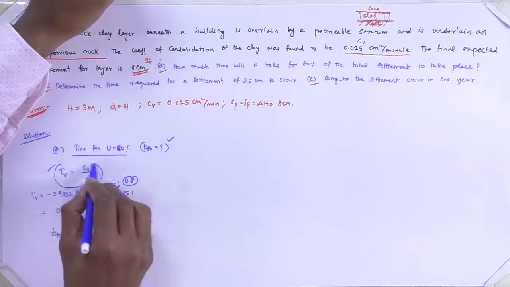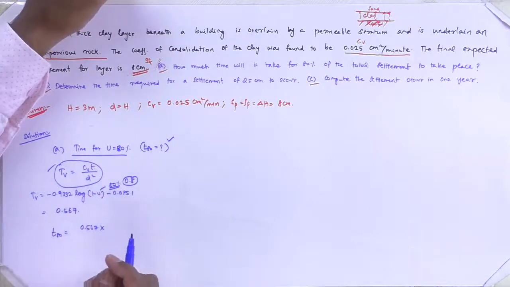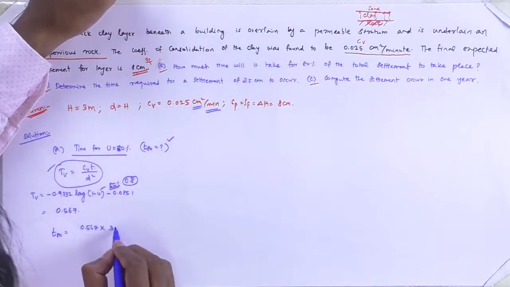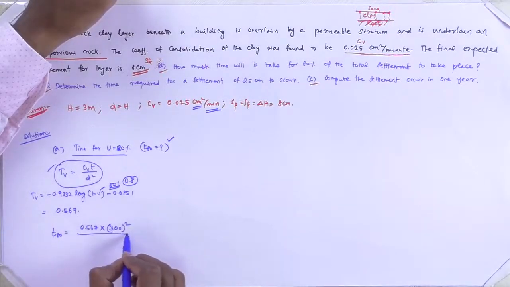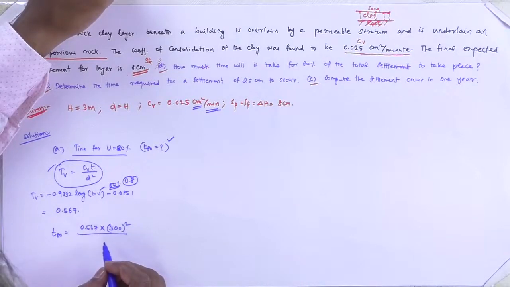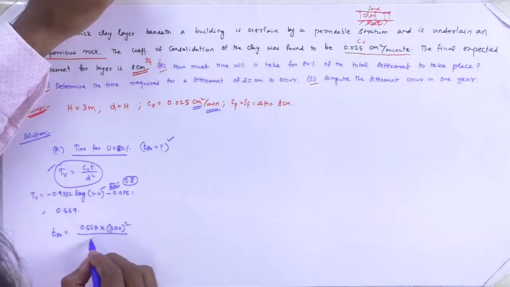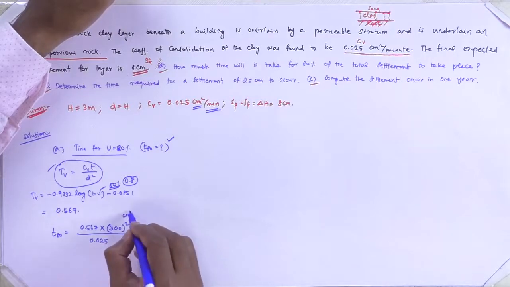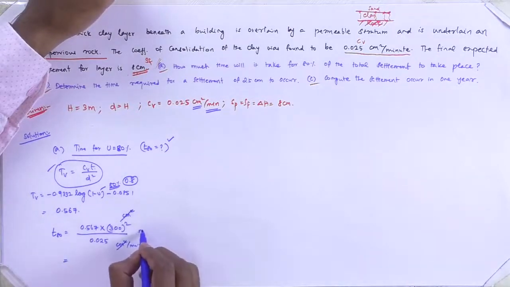So T80 equals TV times D square divided by CV. Here centimeter square per minute is given, so the 3 meter has to be written as 300 centimeters. D square goes in the numerator and CV goes below. CV value is 0.025 centimeter square per minute, so the centimeter square gets cancelled and minutes remain.